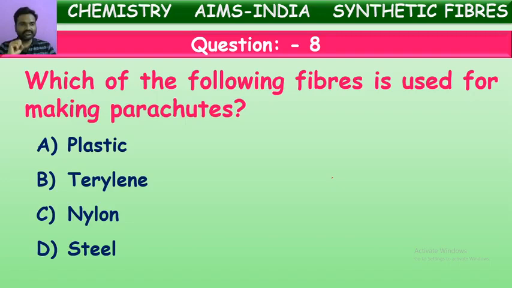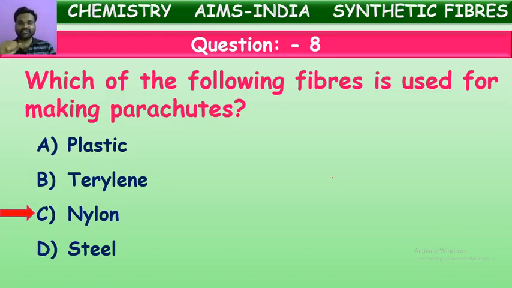What is that? Can you try your answer? Yes, it is nylon. Nylon is the strongest fiber, and one more important property for using it in parachutes and rock climbing ropes is that it is the toughest and lightest also.